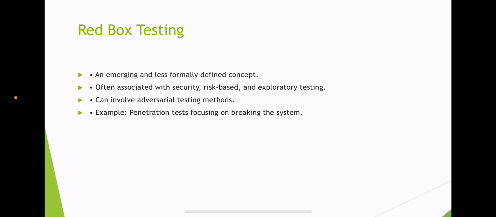It preferably refers to the security testing of firewalls, network layers, and some external attacks, to protect the system against external attacks like malware and other things. So often it is used in ethical hacking or advanced penetration testing scenarios. Generally, it ensures system security against external threats. So it can involve adversarial testing methods. Okay, so that is red box testing.